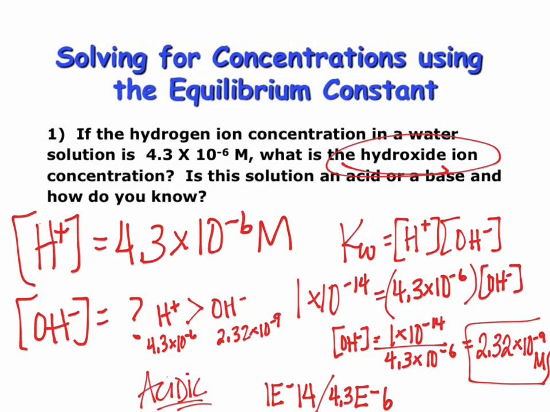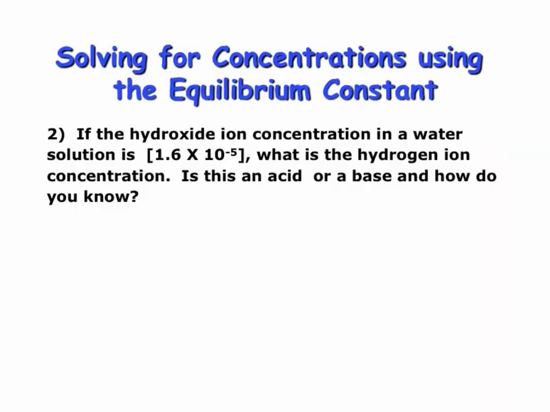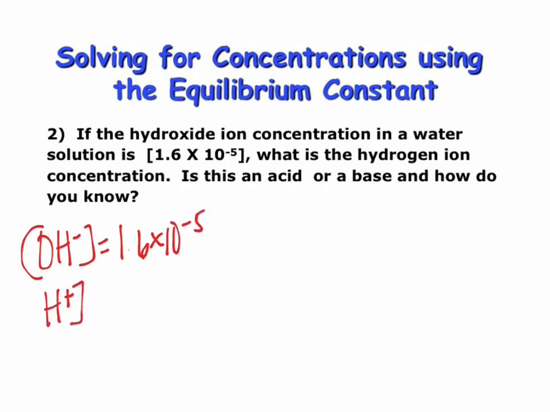Does that make sense? All right, one more. Hydroxide ion concentration is 1.6 times 10 to the negative 5. What is the hydrogen concentration? Is it acidic or basic?